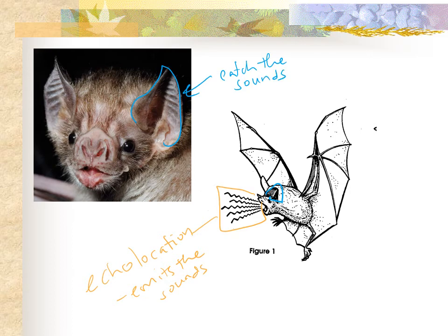Have you ever heard the term blind as a bat? Do bats have good vision? No, they do not. So this is primarily how they are finding their food. Other things you might have mentioned, just the fact that they can fly, and they are able to catch their prey that also flies.